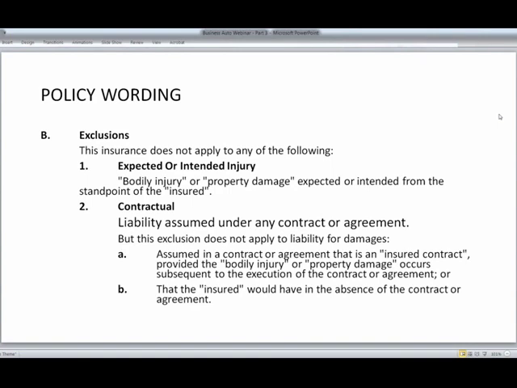Our driver got the case back, and how he got the case back inflicted some perceived injuries on the person who took the case. That person then sued our insured. That is not an auto claim. That's bodily injury or property damage expected or intended from the standpoint of the insured.